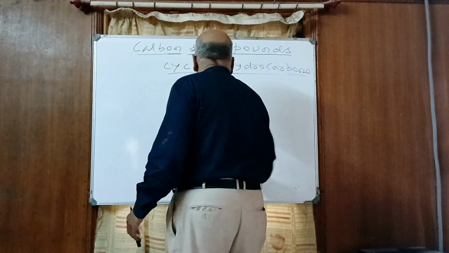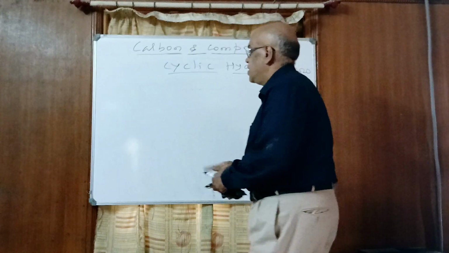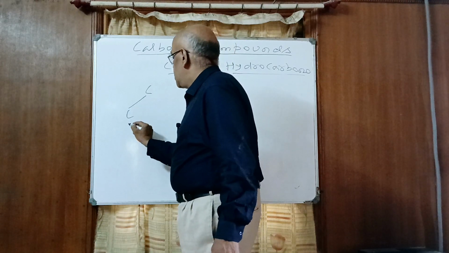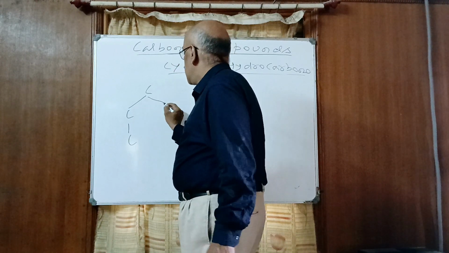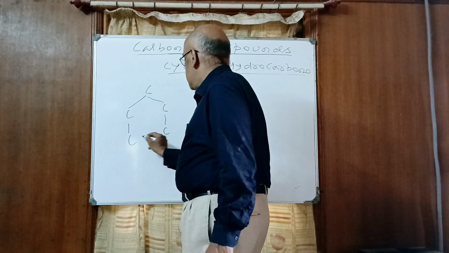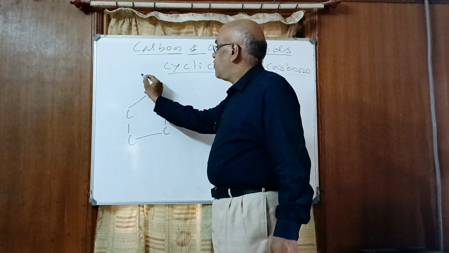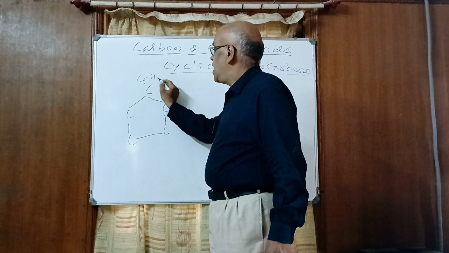Another important point, children. See, how many carbon atoms are there here? 1, 2, 3, 4, 5. What is the molecular formula? C5H10.